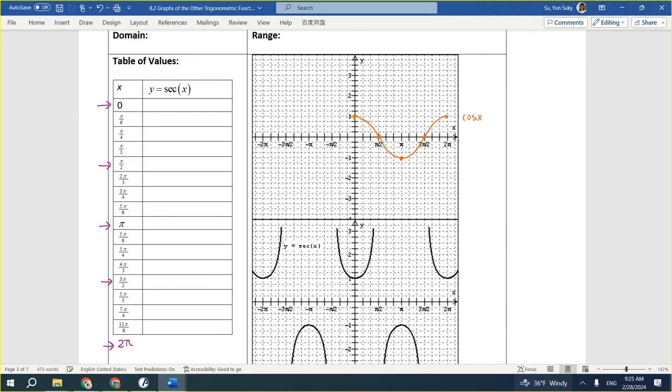Here, cosine 0 is 1. So 1/1 is 1. Pi/2. Cosine pi/2. Do you see here? What's cosine pi/2? It's 0. So 1/0 is undefined. Exactly. So we have a vertical asymptote here. It's undefined. How about pi? What's cosine pi?